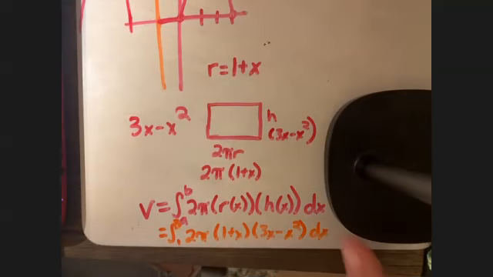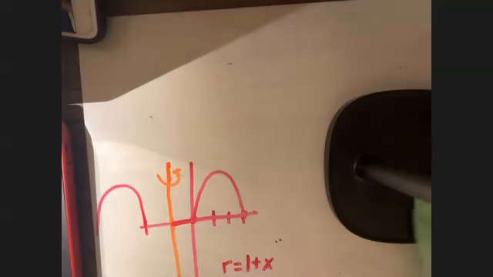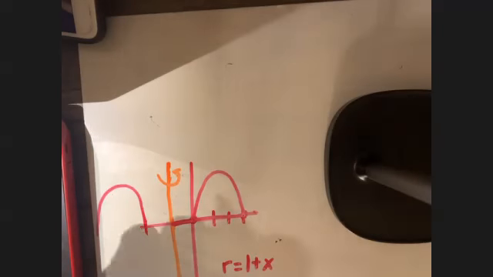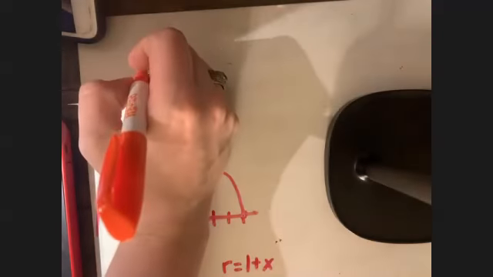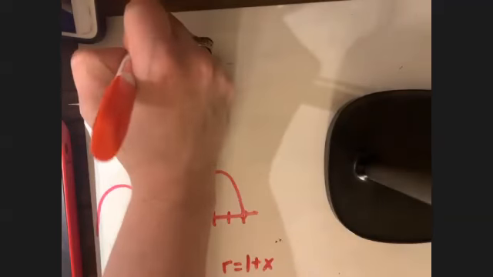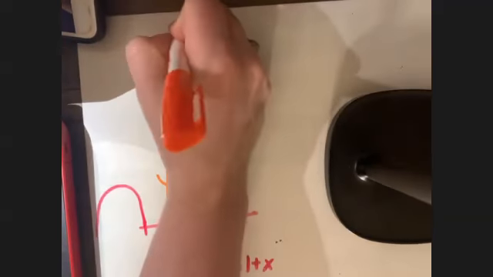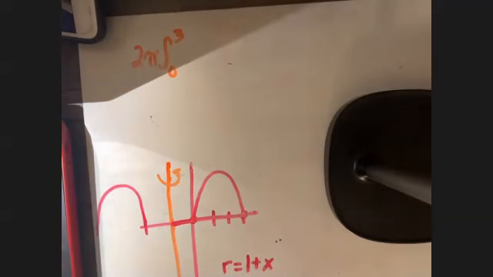So now I'm going to move up a little bit and we're going to clean that up just a little bit. Okay. So I'm going to pull... Oh, that should have been from 0 to 3. I'm sorry. Okay, so I'm going to pull the 2 pi out to the outside from 0 to 3, and then I'm going to FOIL this.